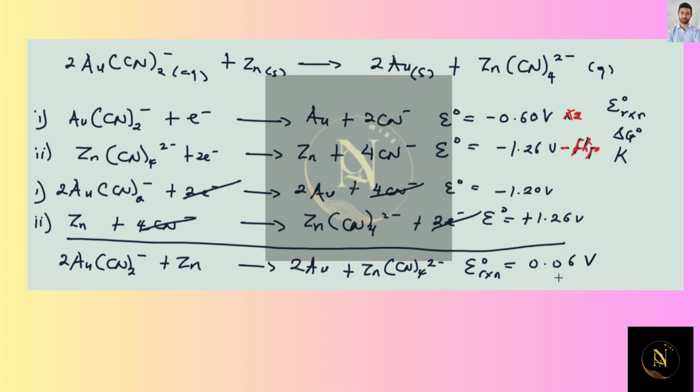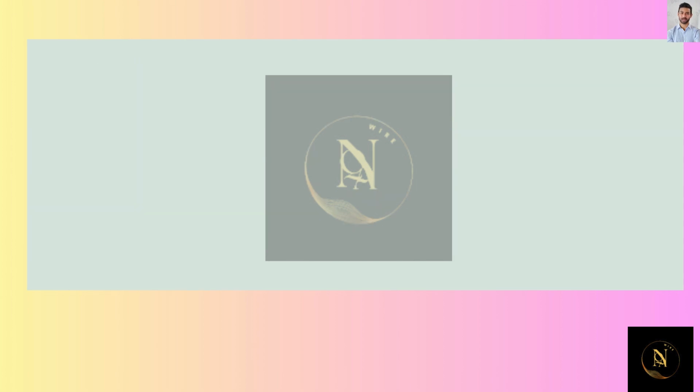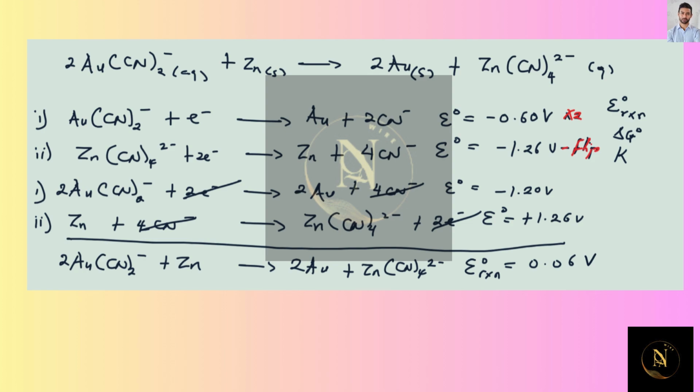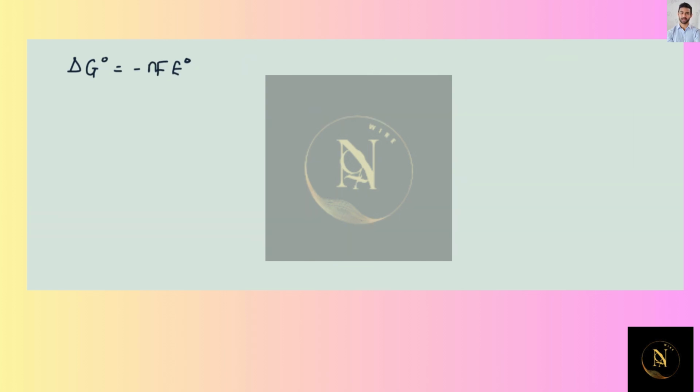So this is the delta E for the reaction. Next, we need to determine the delta G. So delta G is minus nFE standard. In this reaction, the number of electrons transferred is 2.